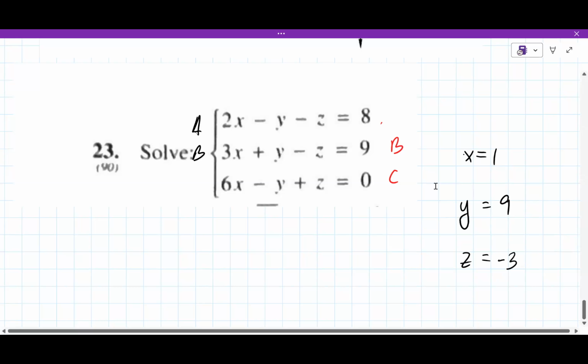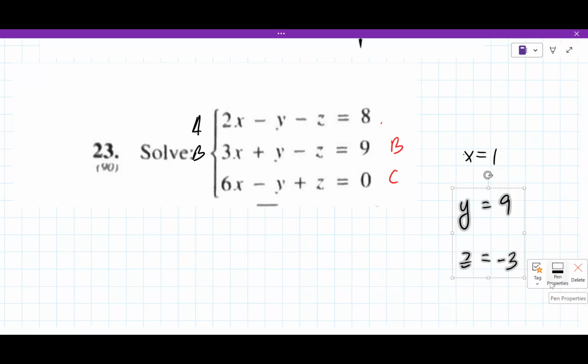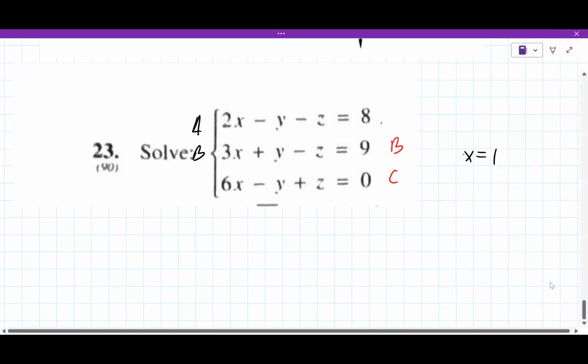You want to look at it one more time. Okay, you got -3? No, I'm going to wait till you're done and then I'm going to check them. So let me look here.